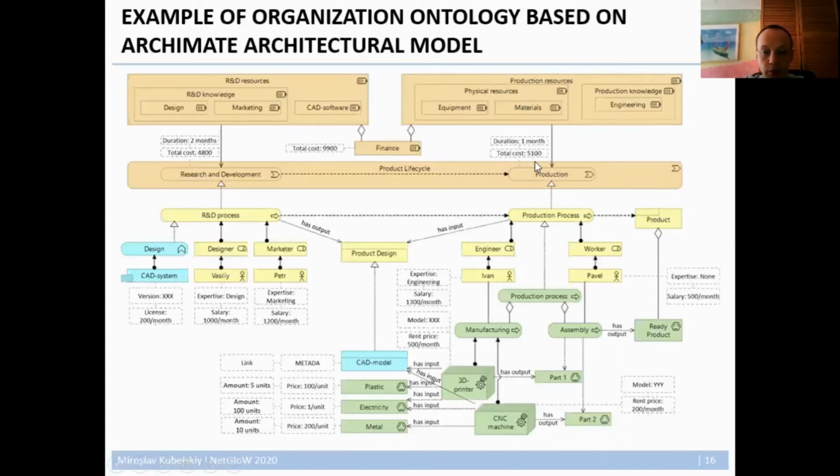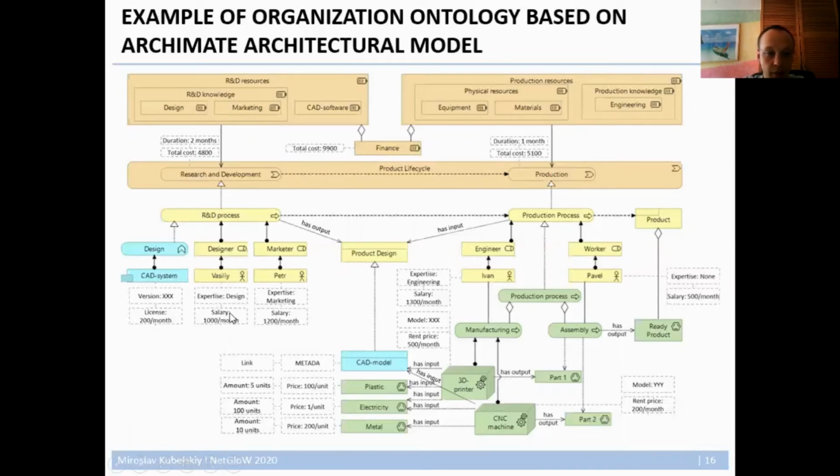At the bottom of the model are elements related to all 3 architectural layers. To implement the first stage of the product life cycle, there is a business process dedicated to R&D, in which the roles of a designer and marketer take part, belonging to specific actors with certain knowledge and specific salary.